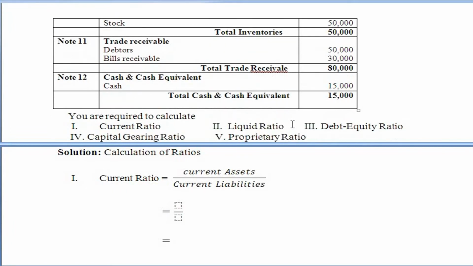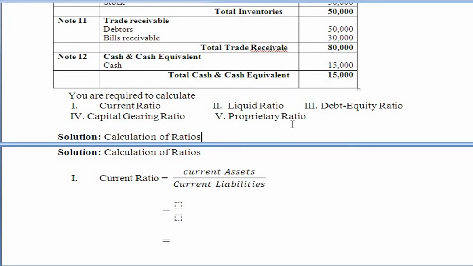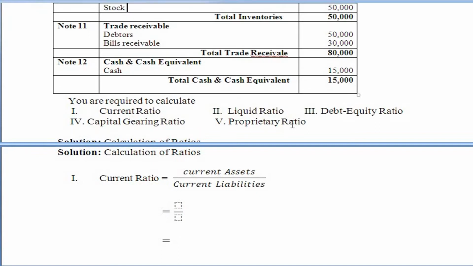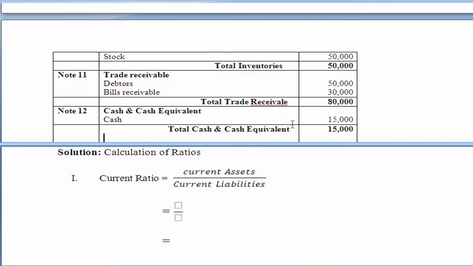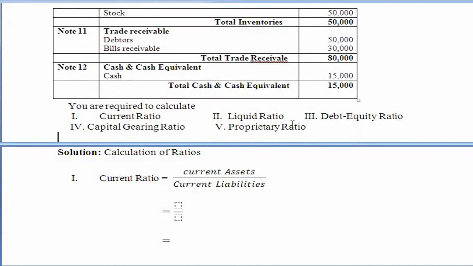And here is the question. You are required to calculate, first one is current ratio, second one liquidity ratio, third one debt equity ratio, fourth is capital gearing ratio, and fifth one is proprietary ratio.